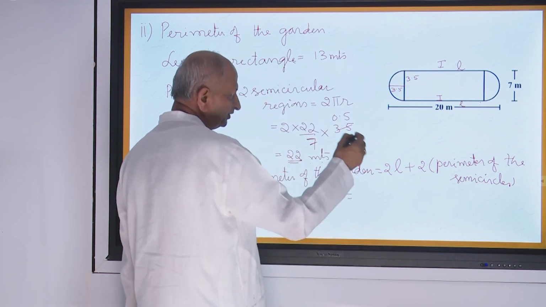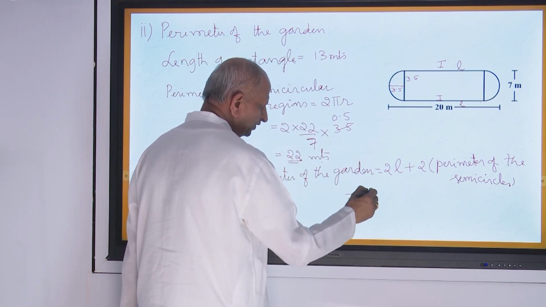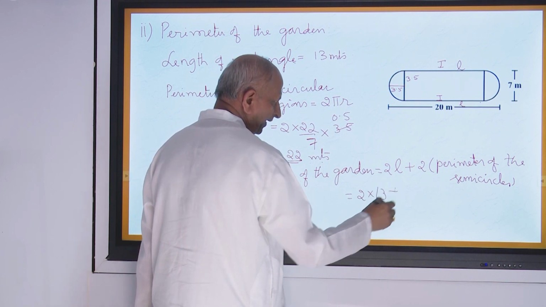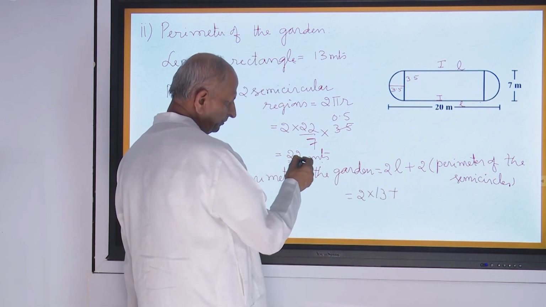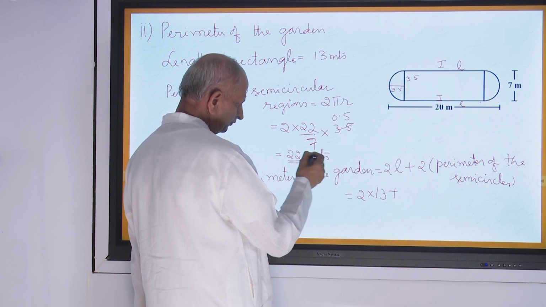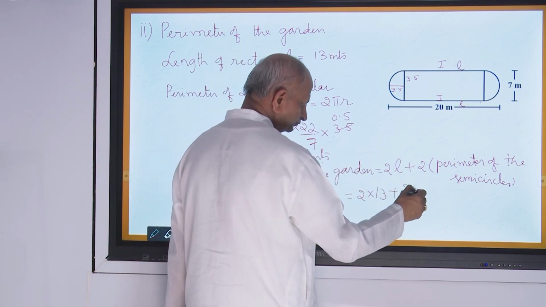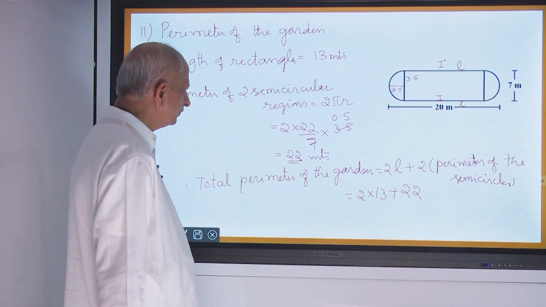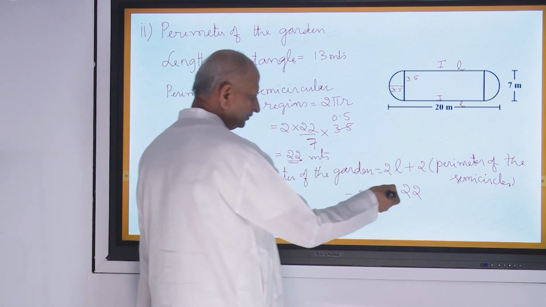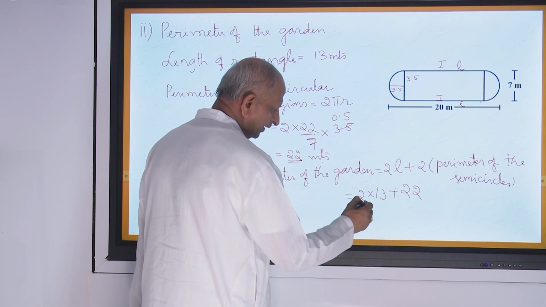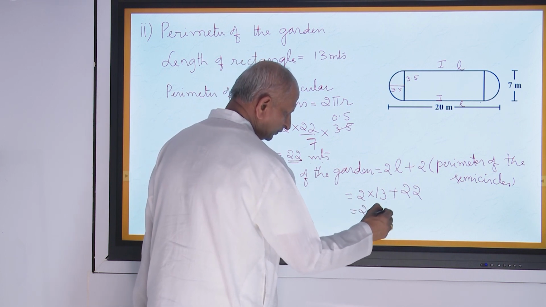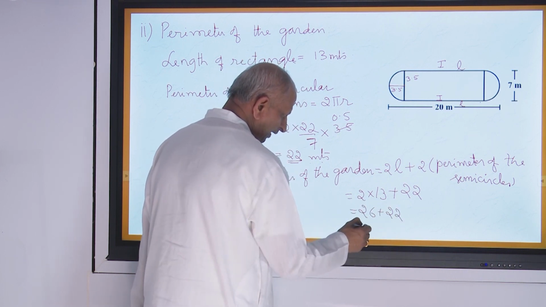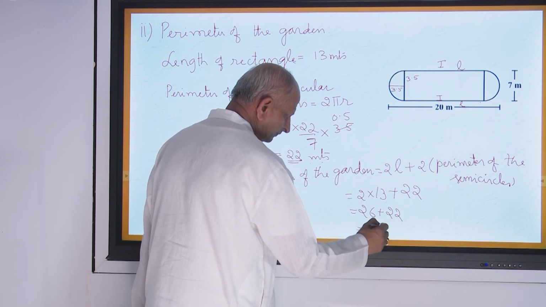So 2 times length means what? 2 into 13 plus, what is the perimeter of the 2 semicircles? 22. So 26 plus 22 becomes 48.